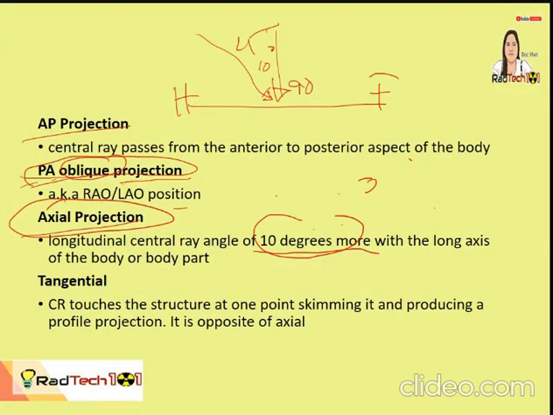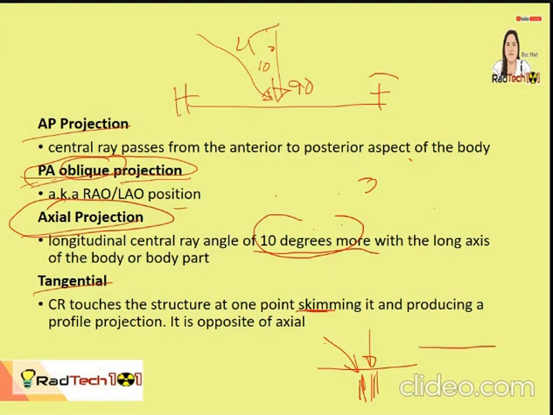So tangential, your keyword here is skim. For example, again, this is the part of the patient. Sometimes we are exposing the patient from front to back or back to front. There are times, skim lang.